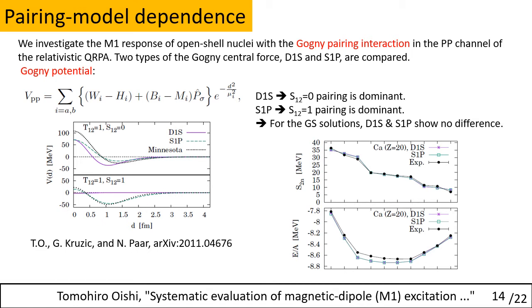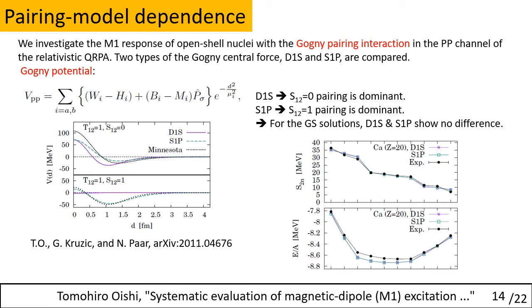For this pairing interaction, two types of the Gogny central force are employed, that is D1S and D1P. In the left panel, I show you the figures of the actual potential curves of D1S and D1P potentials.